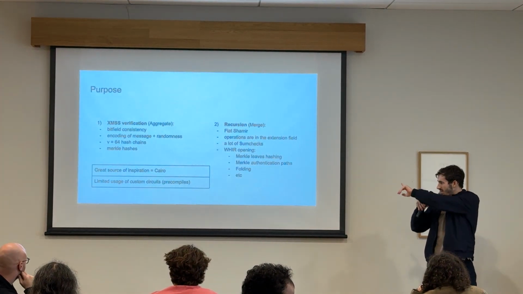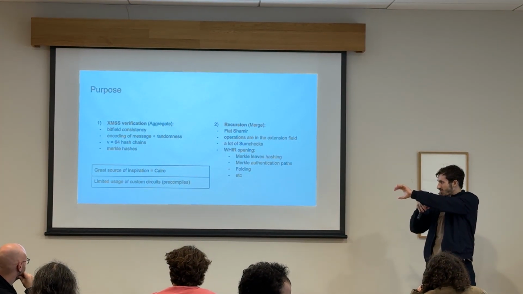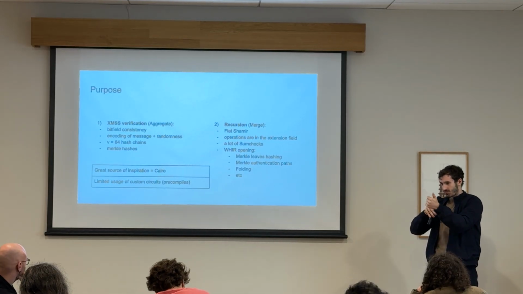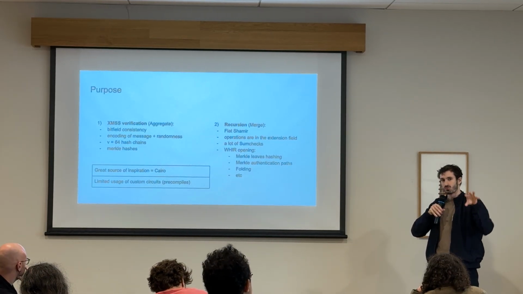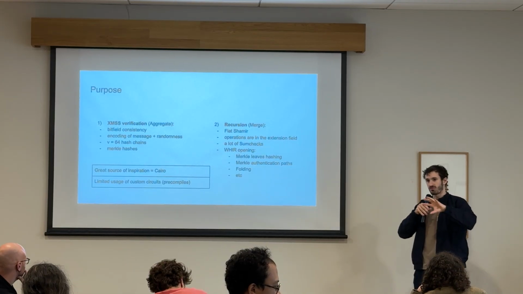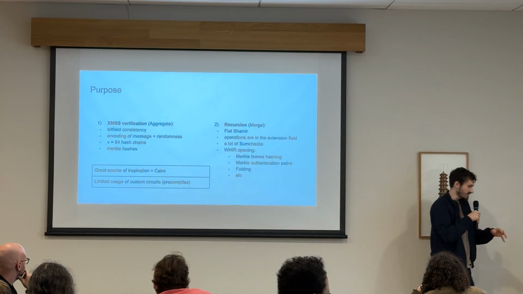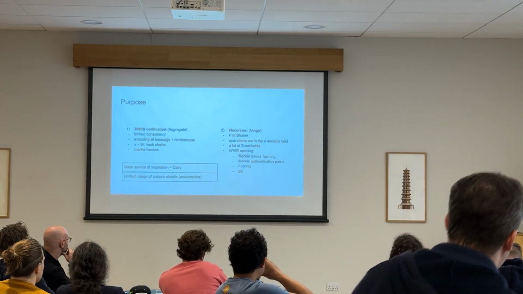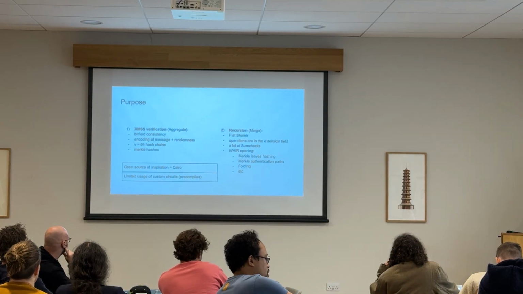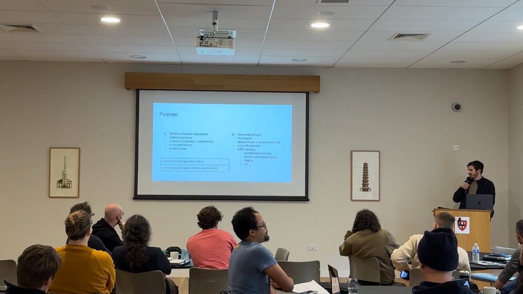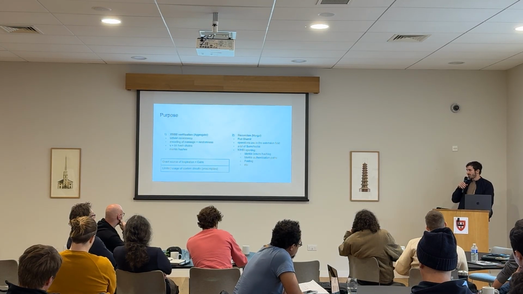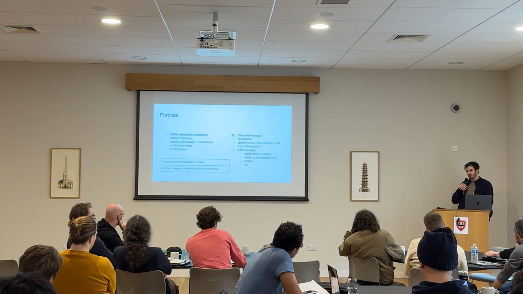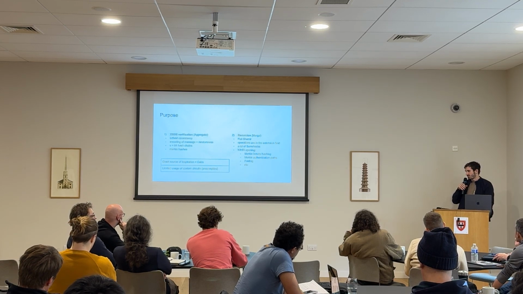So first, as explained, the goal is to be able to aggregate XMSS signatures, and second, to be able to aggregate those already aggregated signatures, so to have recursion in the end. And to do so, there are a lot of good ideas that we can take from Cairo, and here the thesis will be to limit as much as possible the use of precompiles in order to keep it as simple as possible.